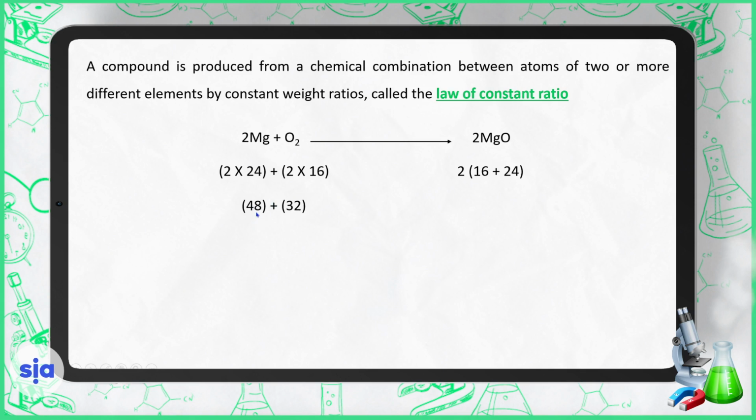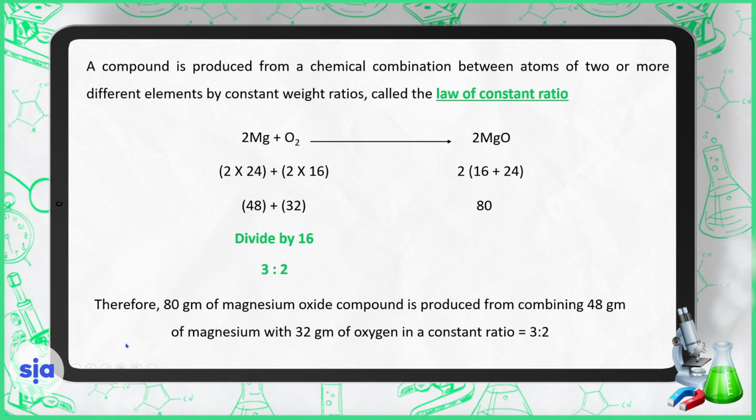This means that 48 grams of magnesium are needed to react with 32 grams of oxygen to produce 80 grams of magnesium oxide. So if we shorten these numbers, or divide them by 16, it will give us 3 to 2. So this means that the ratio of magnesium to oxygen in a chemical reaction to produce magnesium oxide is always 3 to 2.